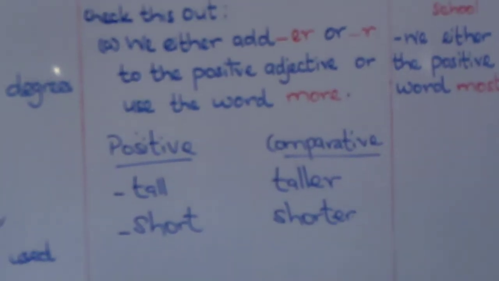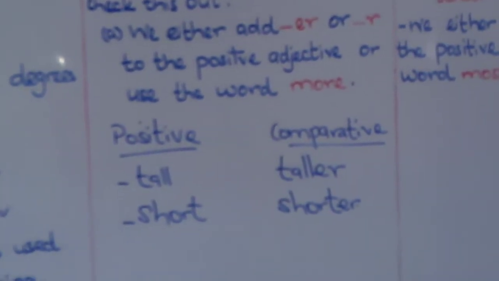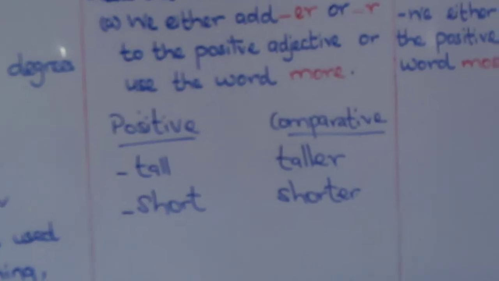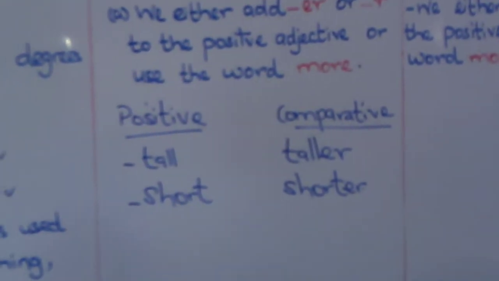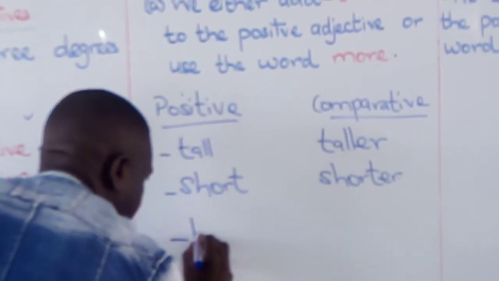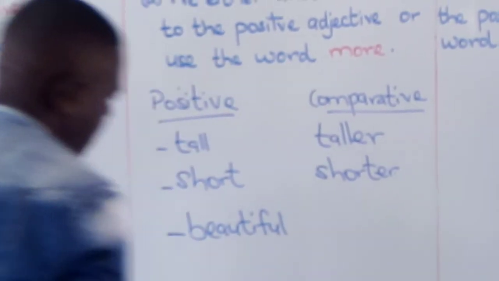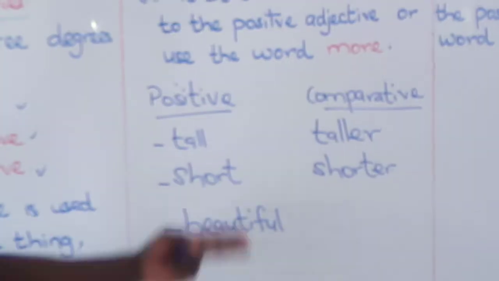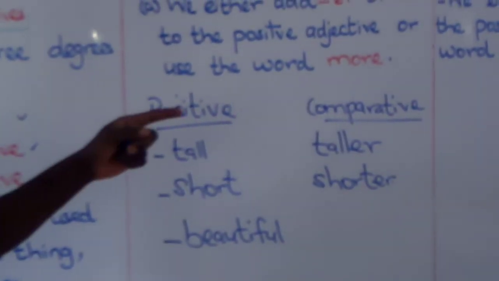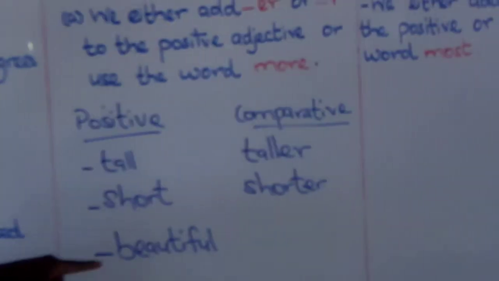Then let's look at another adjective. Beautiful. We want to make it comparative. We will add more before it.